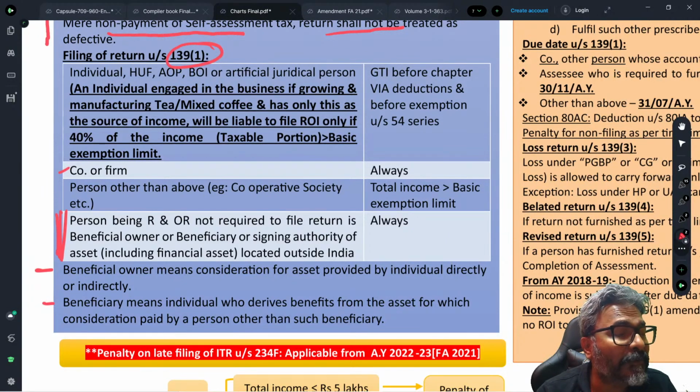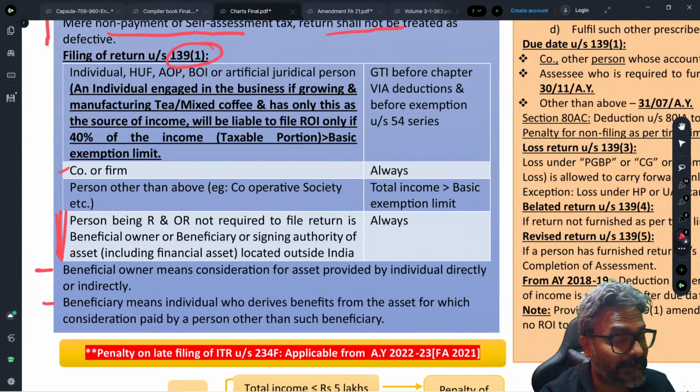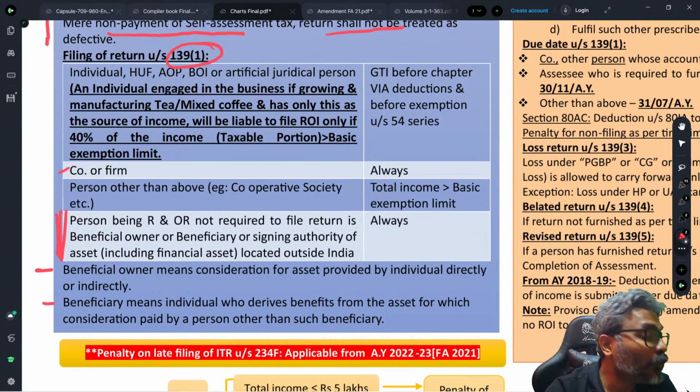So the assets were getting invested in the names of the locals of those countries, but you actually became the beneficial owner of those assets. The name was that of the locals, but you were the beneficial owner, or the beneficiary, as the case may be.